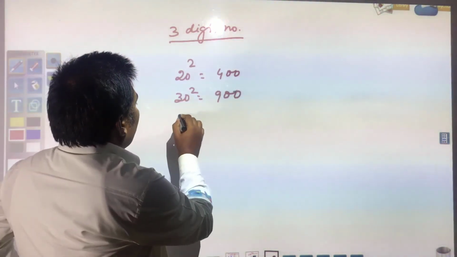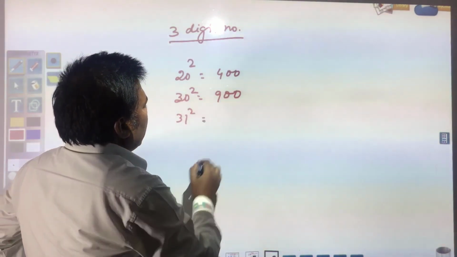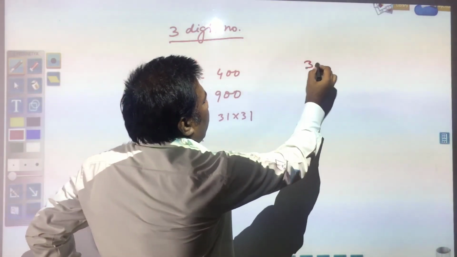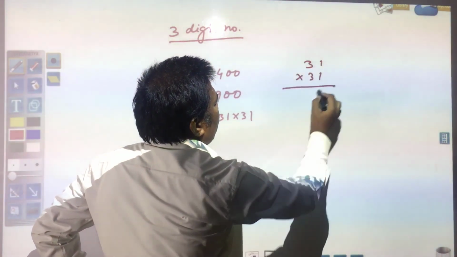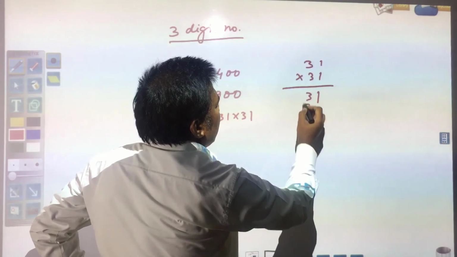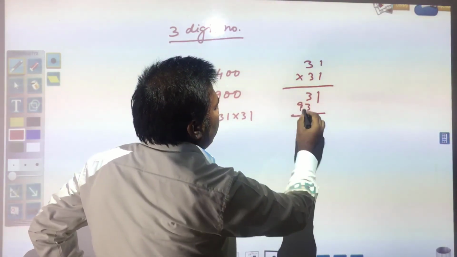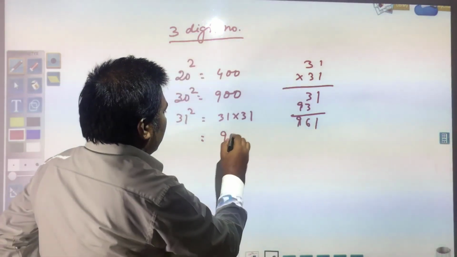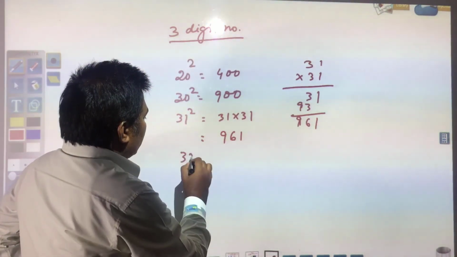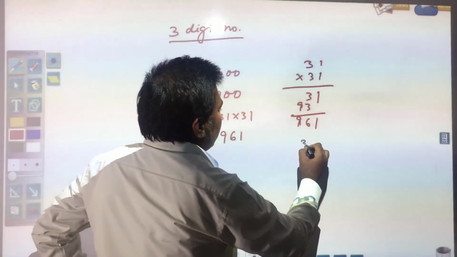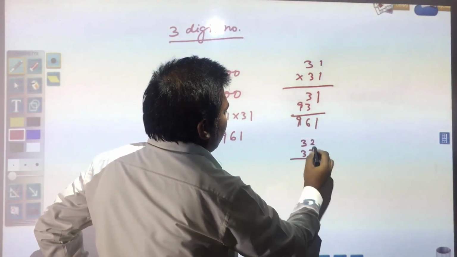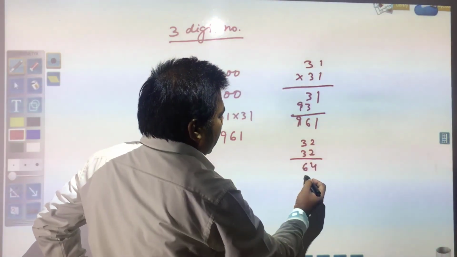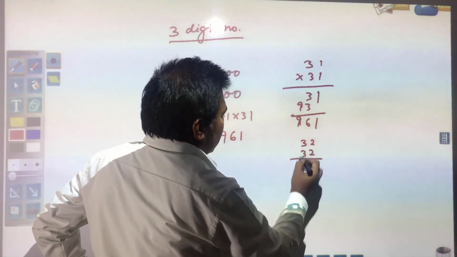So 31 square, if you are doing, what will you get? 31 into 31: 3 1s are 3 and 3 3s are 9. It will be 961. 32 square, if you are taking, 2 2s are 4, 2 3s are 6, 3 2s are 6 and 3 3s are 9.